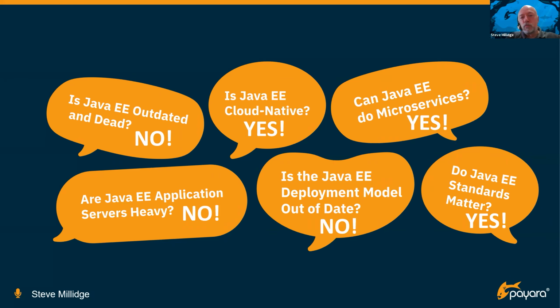And then, do standards matter? I believe they do. Standards basically enable you to create your application to a set of APIs and then choose which runtime. In Payara, you can choose Payara Micro, Payara Platform, Payara Server, or in the future Payara Cloud. But you could also decide to not choose Payara at all. You could decide to use WildFly or JBoss, so you have an open source or a commercial option.